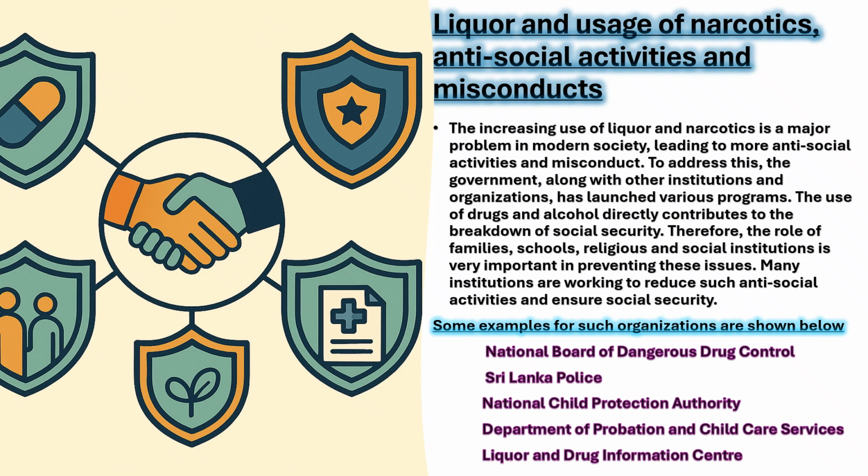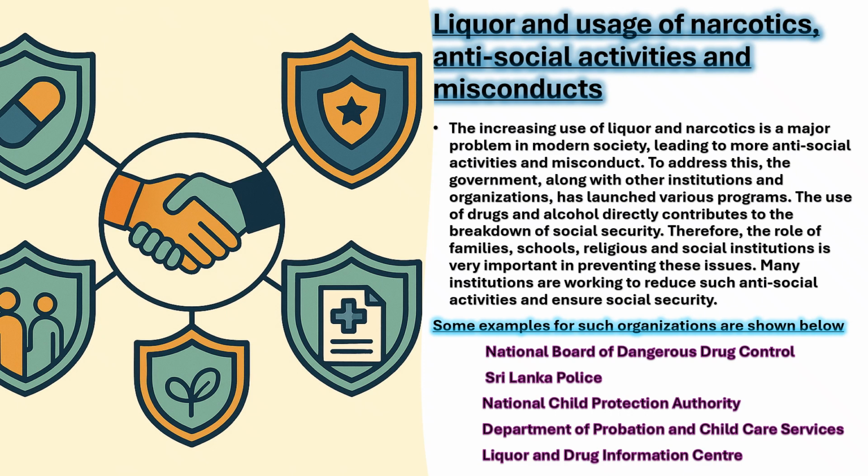Now we have some points for liquor and usage of neurotoxins, antisocial activities, and misconducts. The increasing use of liquor and neurotoxins is a major problem in modern society, leading to more antisocial activities and misconducts. To address this, the government, along with the institutions and organizations, have launched various programs.